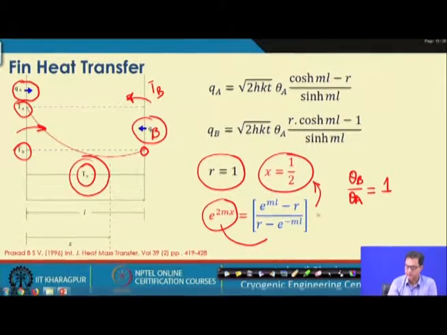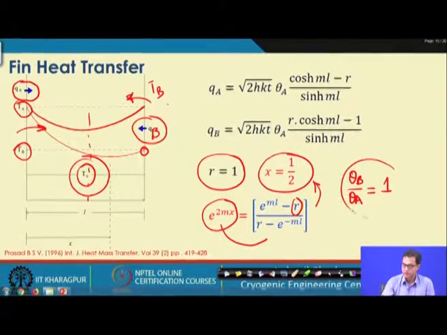If we put r equals 1, we find that x becomes half. That means when these two temperatures are the same, we have a minima at the middle or center of this plate.